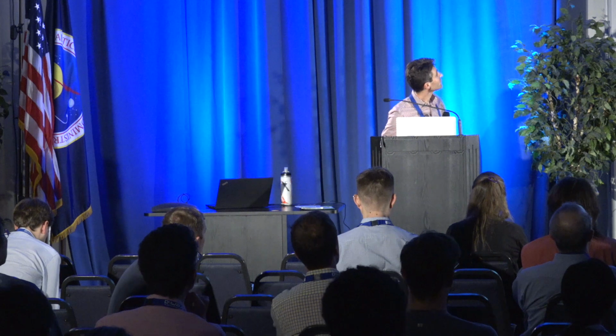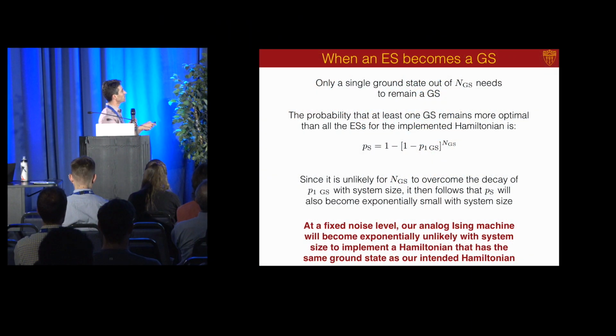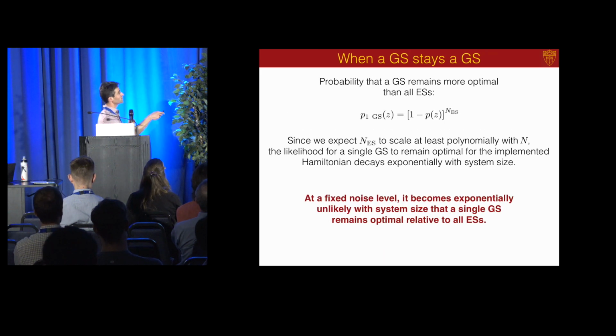Let's see. Let me go back. So definitely, when I say that I think it's unlikely that the number of ground states, this n ground, will overcome this exponential decay here, I'm essentially saying that the growth of the number of ground states with n will be slower than the decay of this, which in the previous slide depended on the number of excited states.